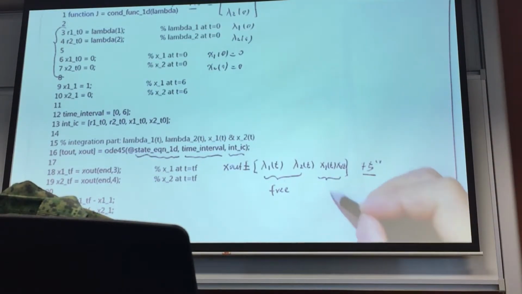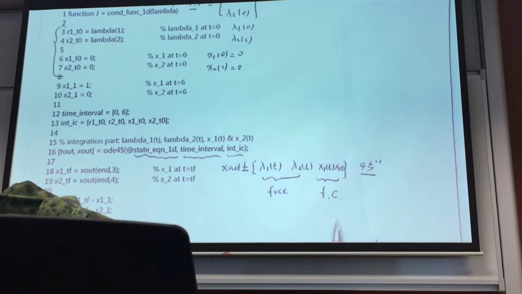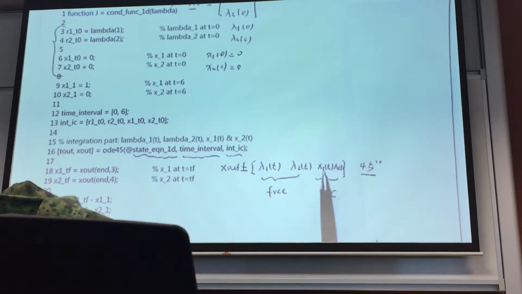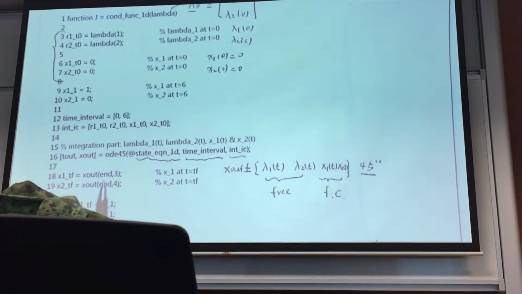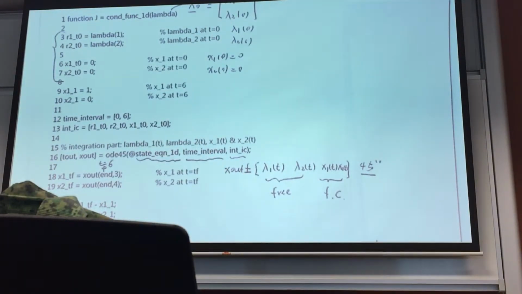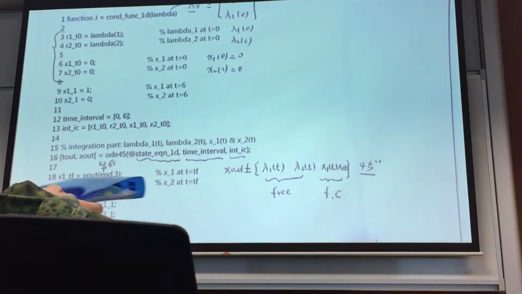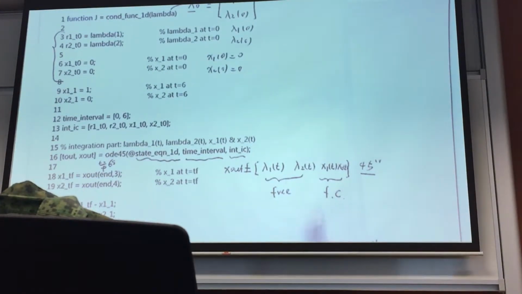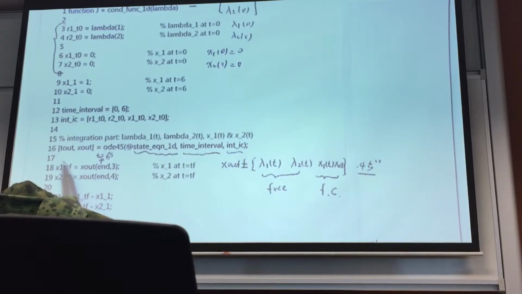But for these two, we can check with the final condition. The last row will be the value corresponding to t equal to 6 seconds. The third column will be the location and the fourth column will be the velocity. So we get the calculated location and calculated velocity.